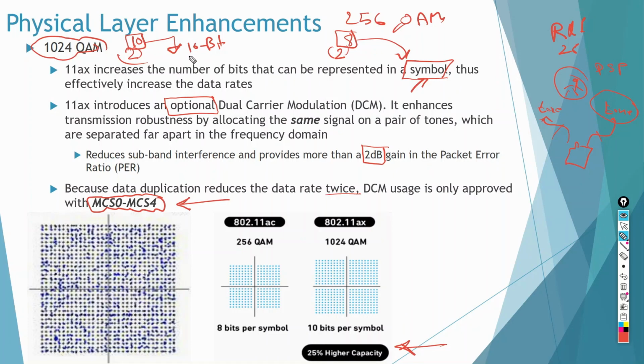The change here is 10 bits, whereas this is 8 bits. If you just divide both of them, the number would be 1.125. So 1 can be removed, and the remaining is 25, which refers to the percentage of capacity enhancement that we have at this point.